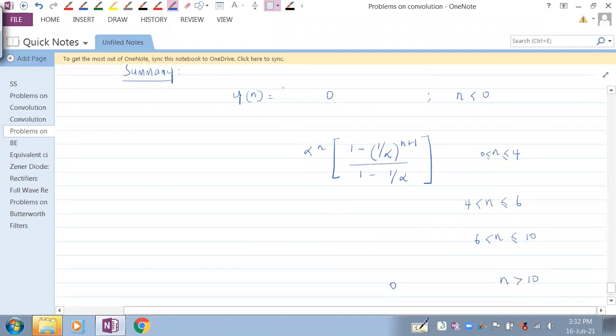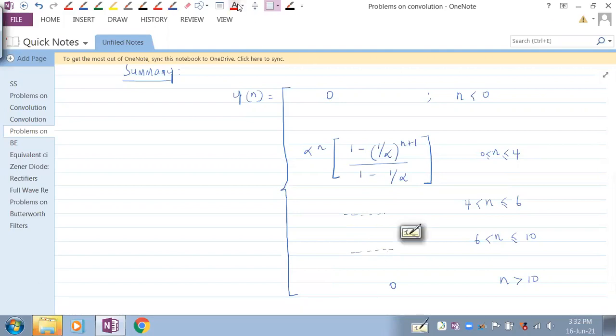So totally 5 cases we have obtained. Fine. First case, no overlapping case. Then in between we have 3 cases where overlapping is happening, and the last case is again no overlapping case. Get this point? So just fill these dotted lines. That's it. Just copy it over there and fill it over. Understand this?